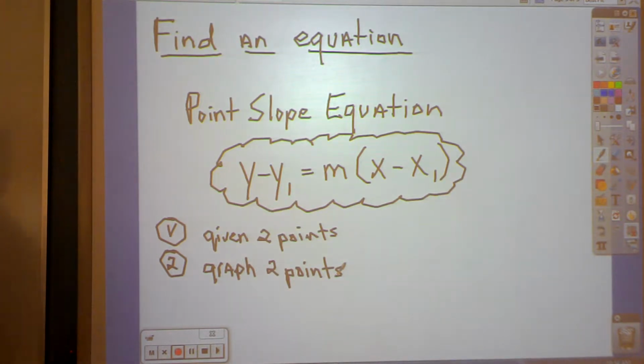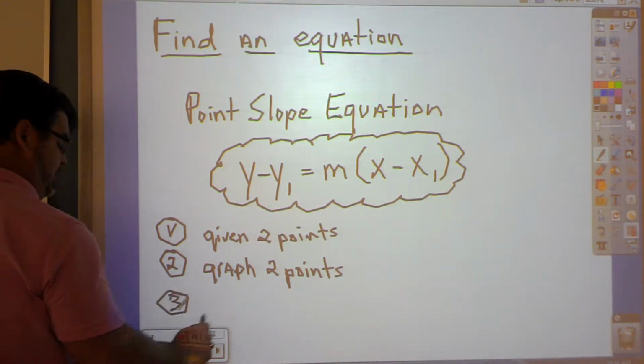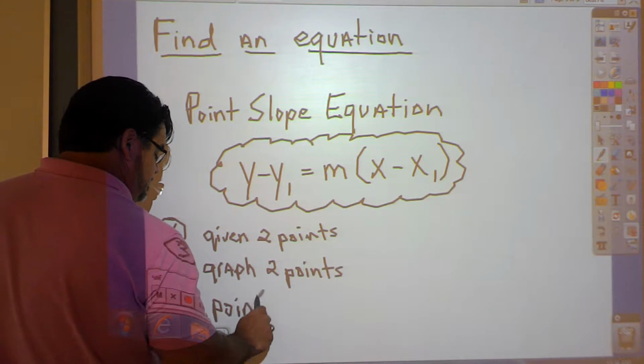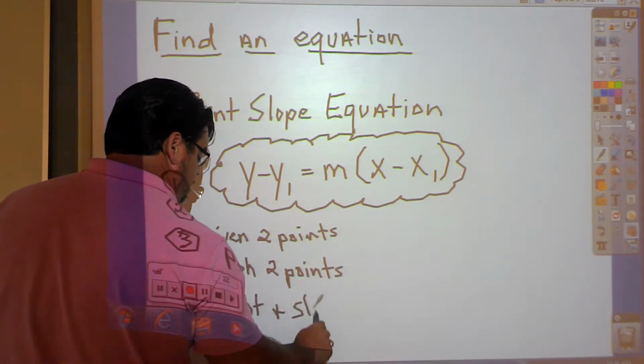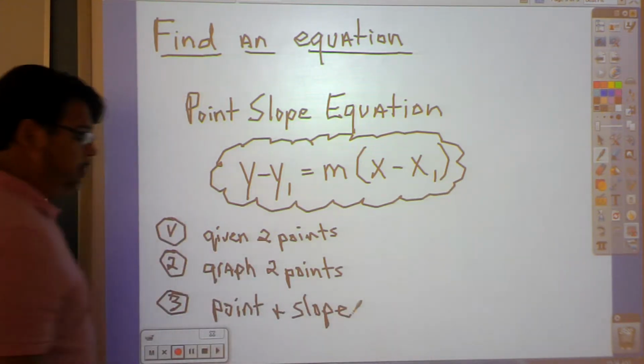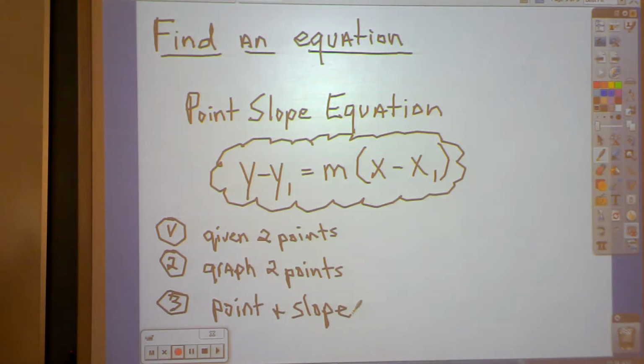Or three, you're going to be given a point and a what? Slope. So there's your three types of questions. Which one do you think is the easiest? Given 2 points? Nope. Number 3. That's the easiest. The first two are the most challenging because you've got another step.